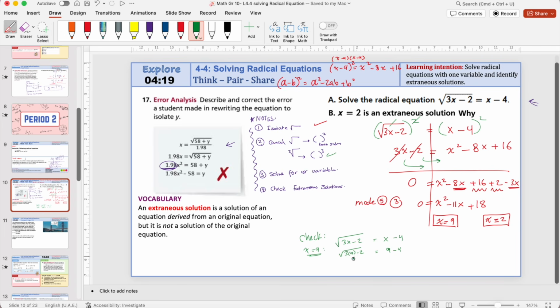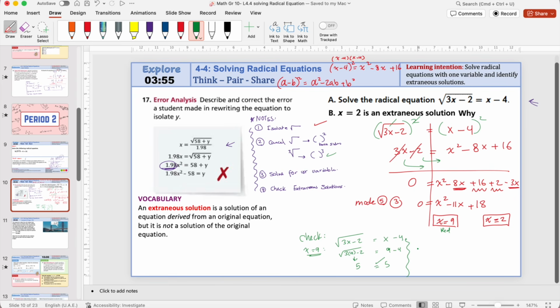Evaluate each side separately in your calculator and see if they are equal, or see if you got an error. If you got an error, it's an extraneous solution. If they are not equal, extraneous solution. 9 minus 4 is 5. Since there is no error and they are equal, that's a real solution.